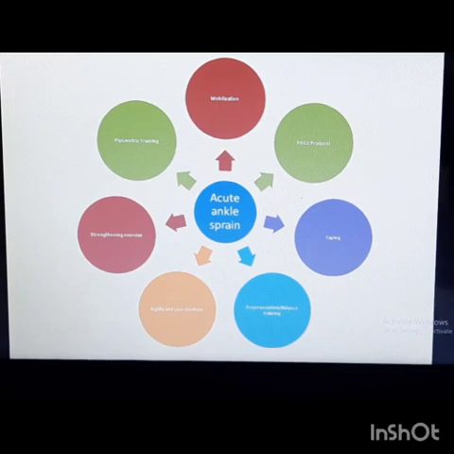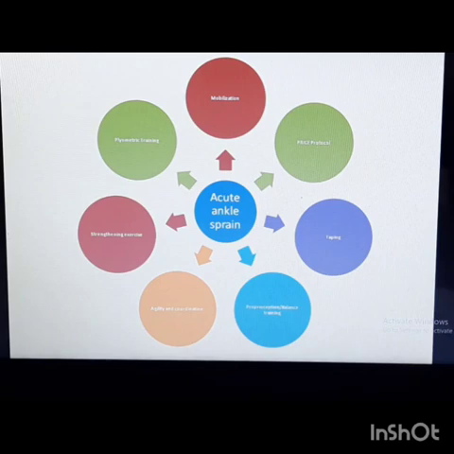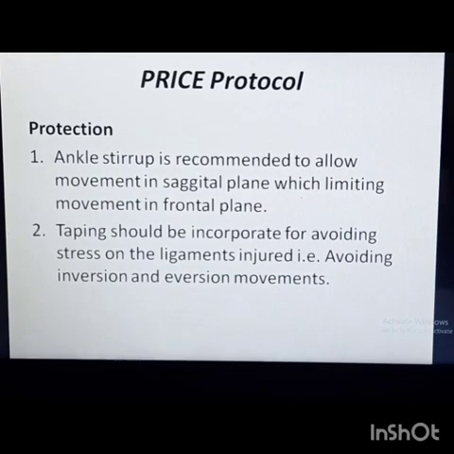These are the rehab tools with which you can achieve your goal and get the player back on the pitch from the injury. This just goes on with your rehab program, and it's up to the physiotherapist how to apply all this.